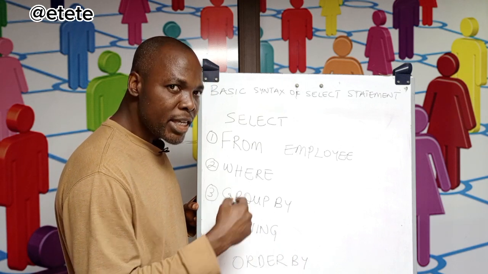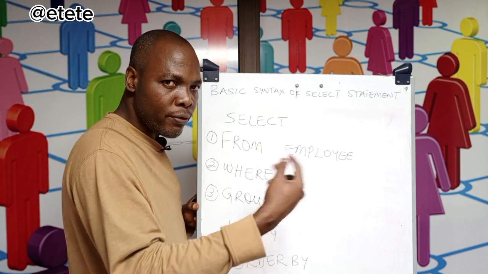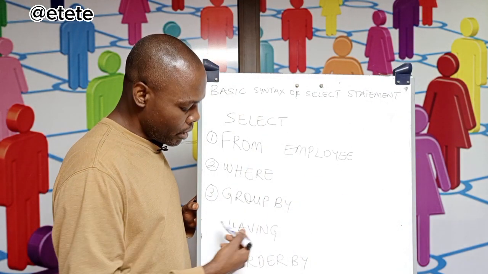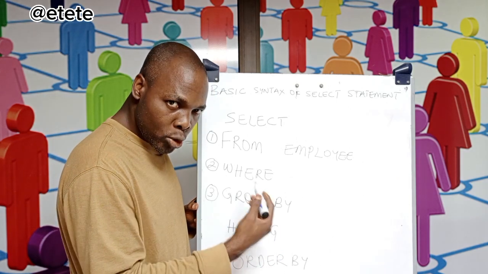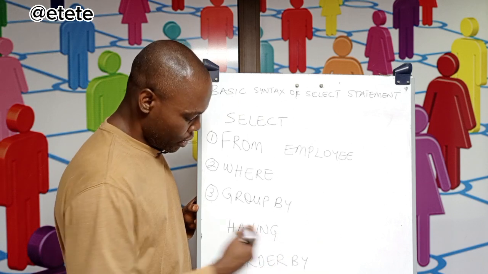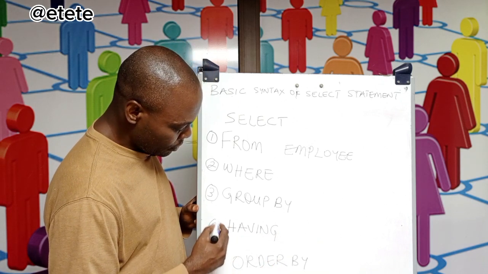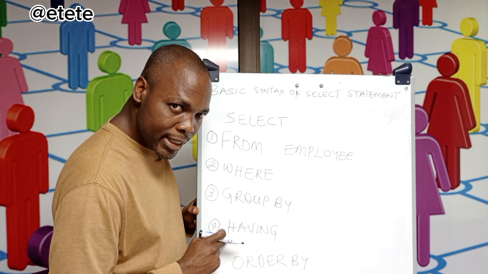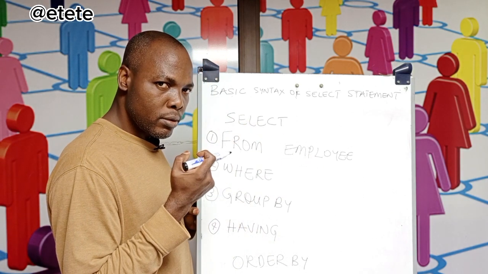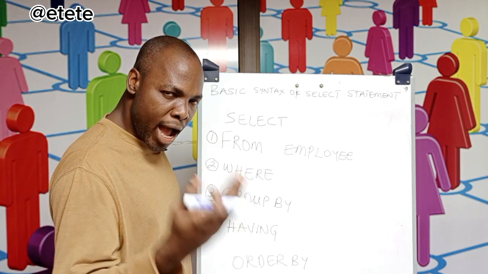But this where is before the calculation of that particular function. I'm still going to give you a comprehensive illustration. Then after that, you group it, and then you do this having to also filter. This is another filter. So this is the 4th one. Now, after this, you will tell us what you want to pull out into your output.